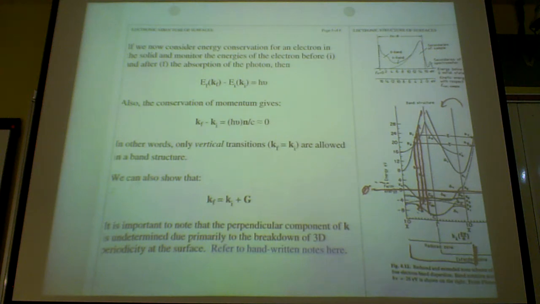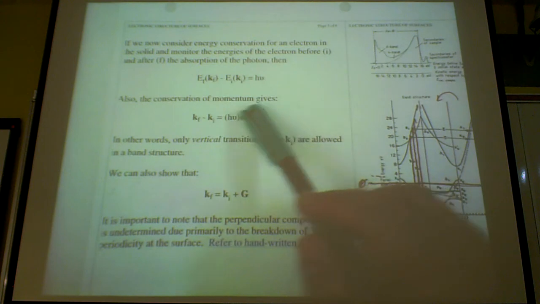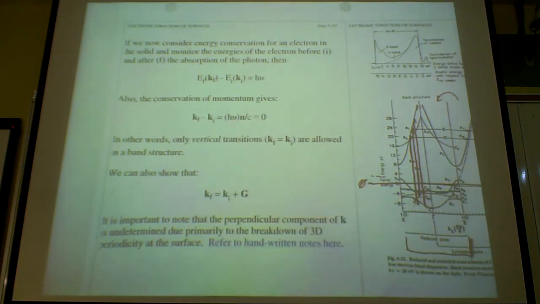And this directional effect must depend on the electronic band structure inside, because it must depend on how your atoms are arranged inside your lattice. Okay? So here you look at conservation of momentum of the electron before and after.